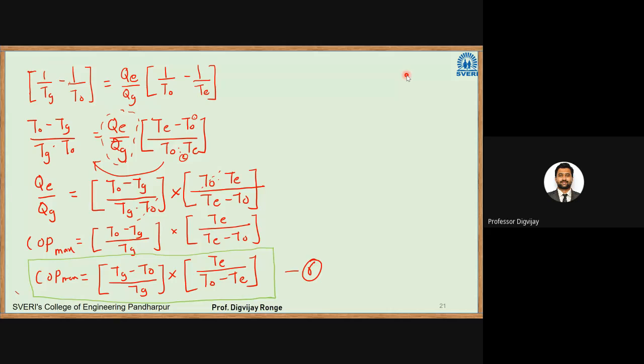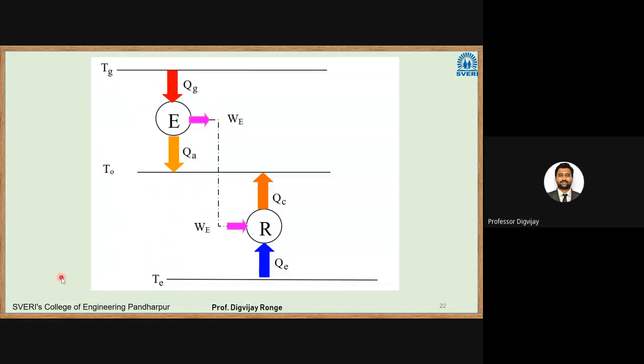This derivation is very important. It is asked in the university examinations, so derive this equation for the maximum COP of a VRS system. Keep in your mind that when they ask for COP of VRS system, it is just a product of the Carnot engine's efficiency into the Carnot refrigerator's COP. So draw this diagram and write that equation. Then we will come to know what we are dealing with here.